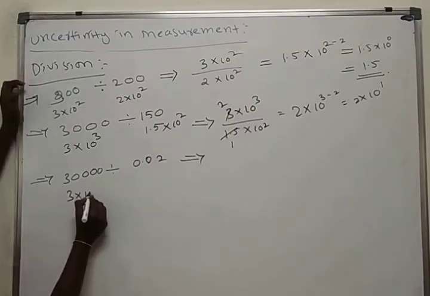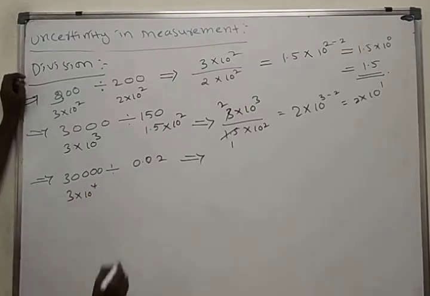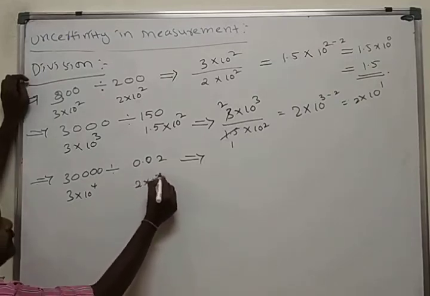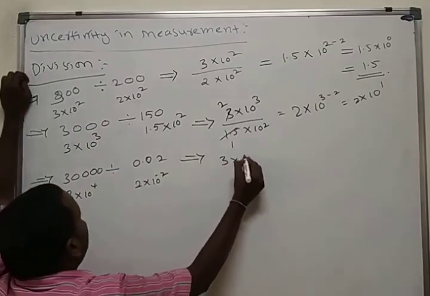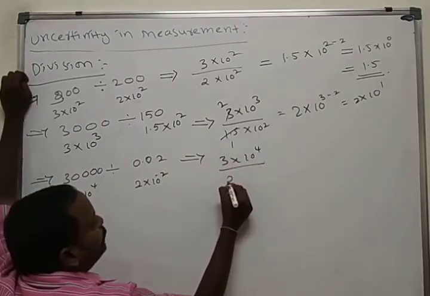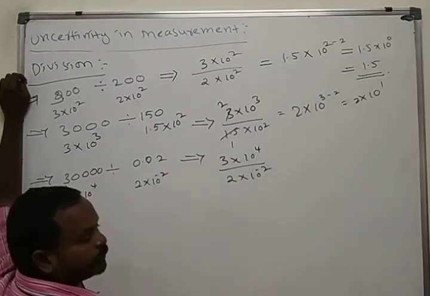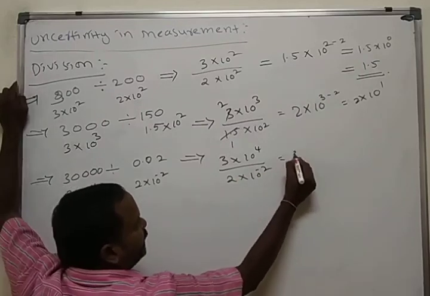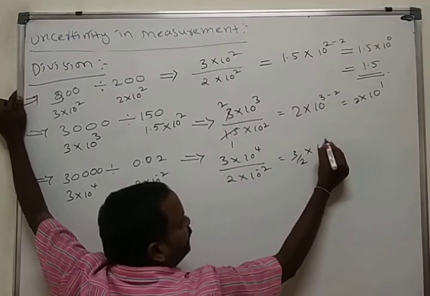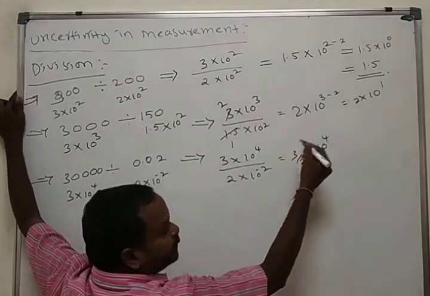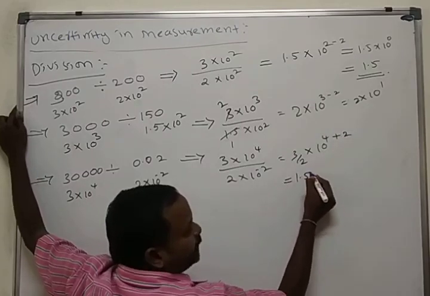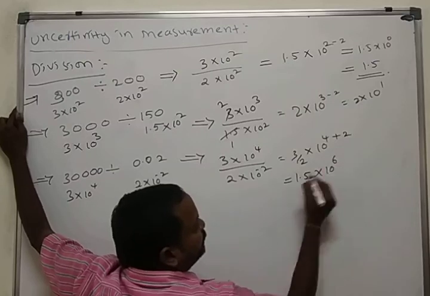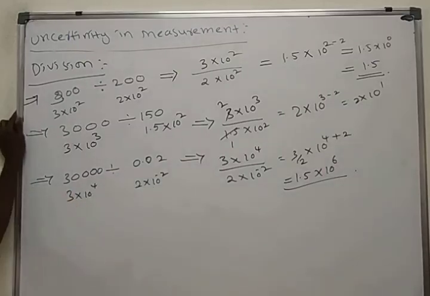Here 3 into 10 to the power of 4, here 2 into 10 to the power of minus 2. Next, 3 into 10 to the power of 4 by 2 into 10 to the power of minus 2. Here I am writing 3 by 2 into 10 to the power of 4. When it comes upside, it becomes plus 2. 3 by 2 means 1.5 into 10 to the power of 6. That is the value for this one.